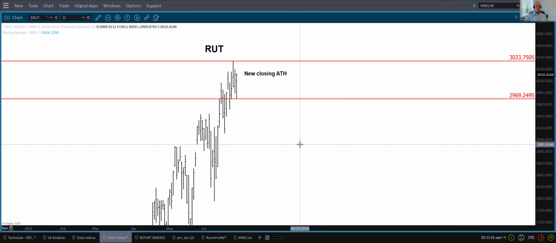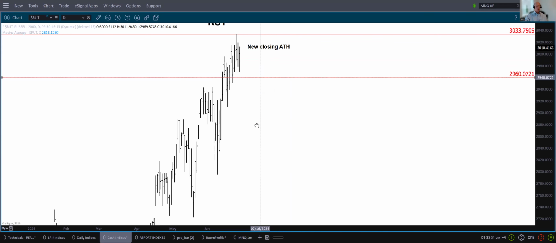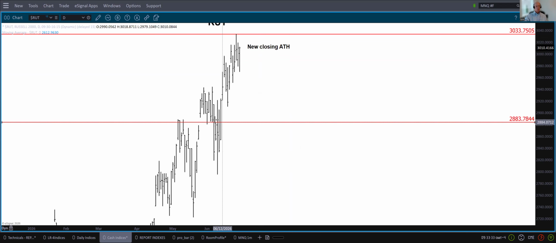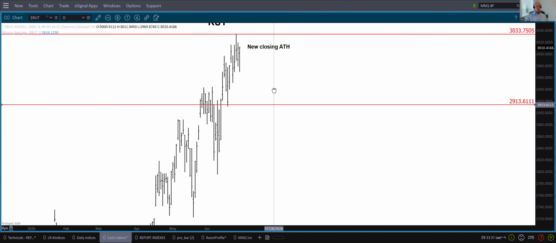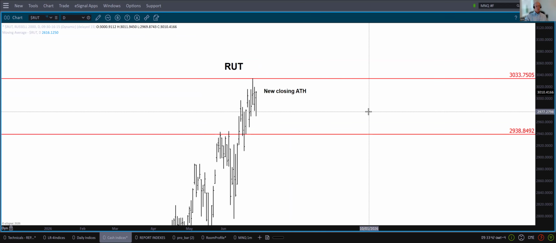And then you're looking at the balance areas, like right here. This was a balance area. Okay. Right in here, this whole area. And then back to the upside, right in here. And then you had this conviction day. Conviction is very important. Conviction is a concept of a one-sided trade. It's when the buyers are overwhelming the sellers or the sellers are overwhelming the buyers.